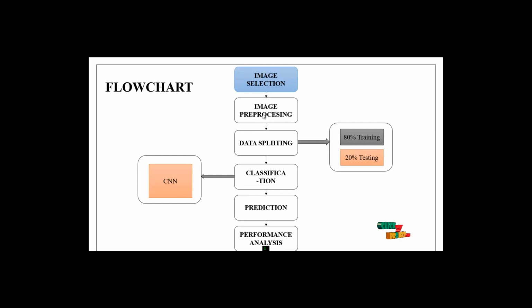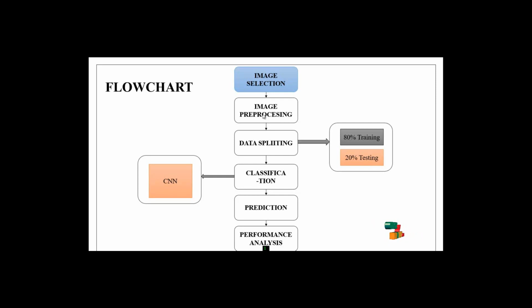After that is the data splitting process. In your dataset we split 80% for training and 20% for testing. After that comes the classification algorithm. Classification means we are using automatic prediction for the test data. We can use deep learning algorithms, but here we use the CNN, convolutional neural network algorithm.